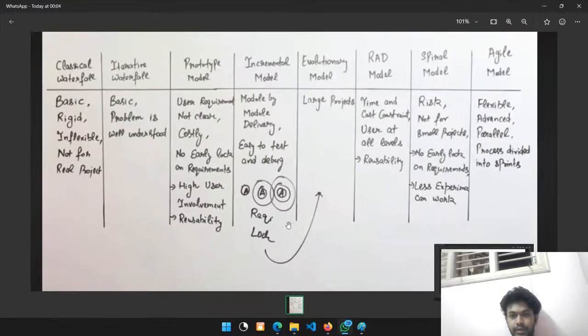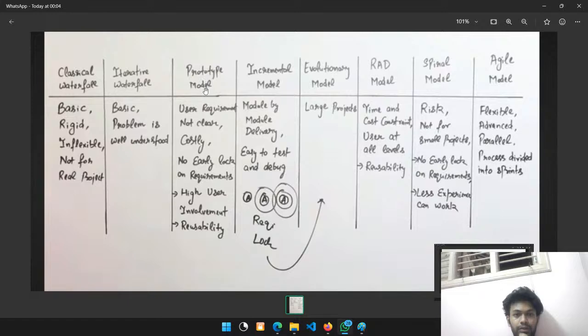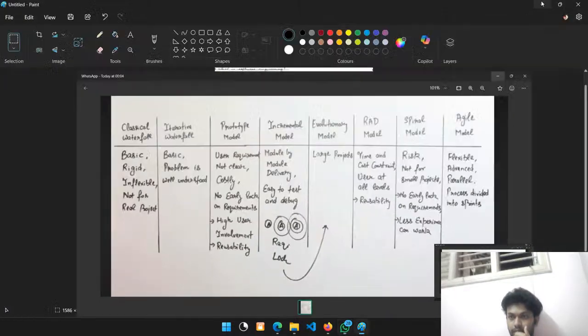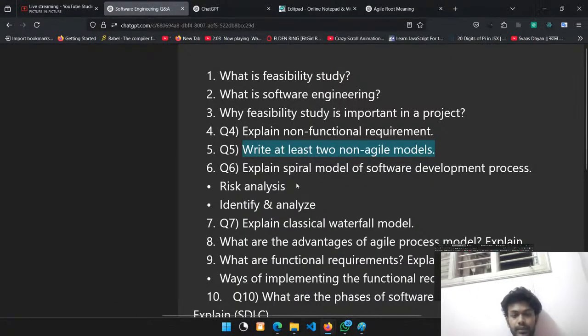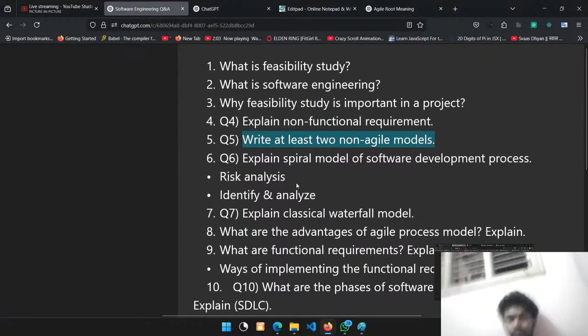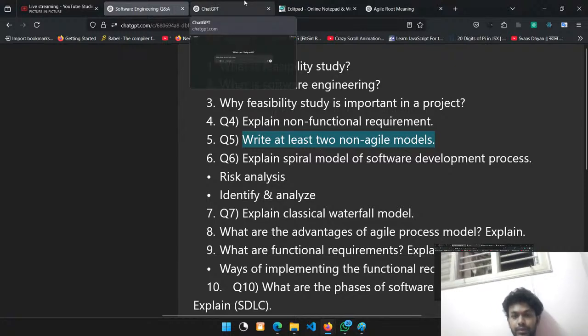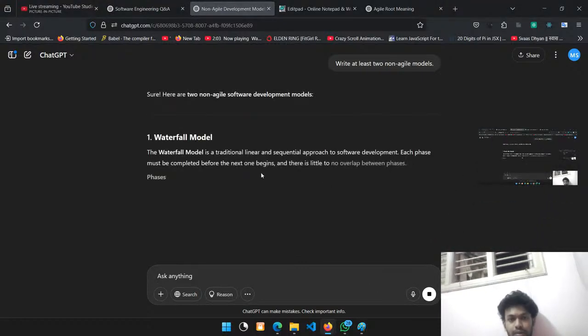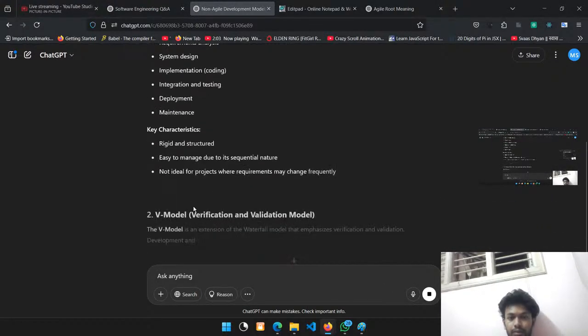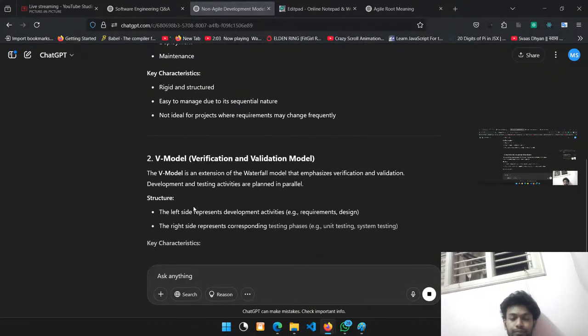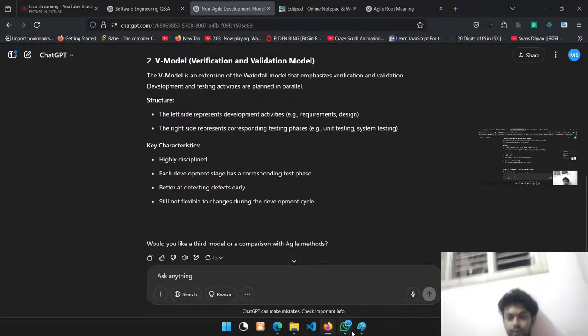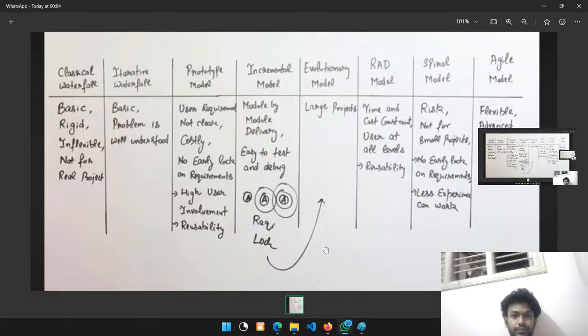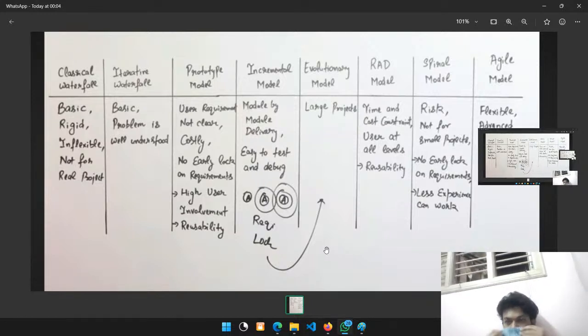What are the other models, by the way? Incremental model, prototype model, iterative waterfall model, classical waterfall. I don't want to go through that. So, what are the two? The two, RAD and spiral. Okay, waterfall model. V model. Do we have V model here?